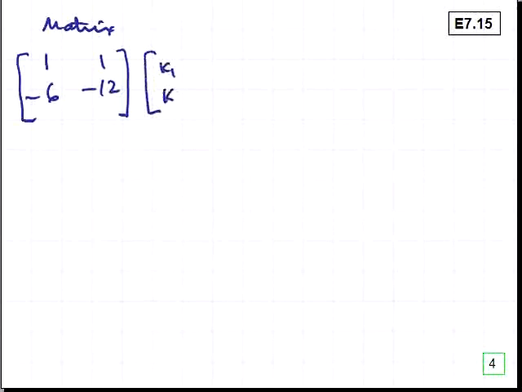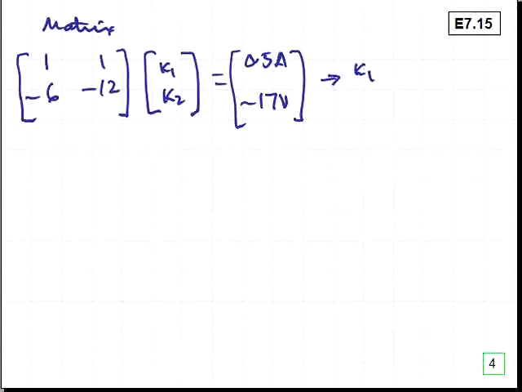So we can put the coefficient information into a matrix equation format. We'll have 1, 1, minus 6, minus 12, times K1, K2 is equal to 0.5 ampere and minus 17 volts. And we can solve this for the K1 and K2 terms.